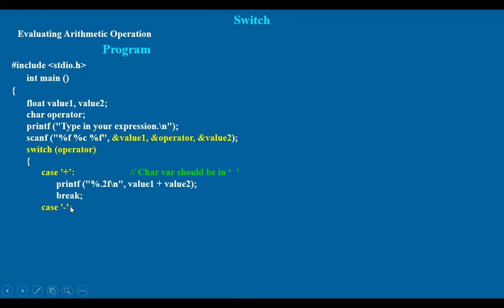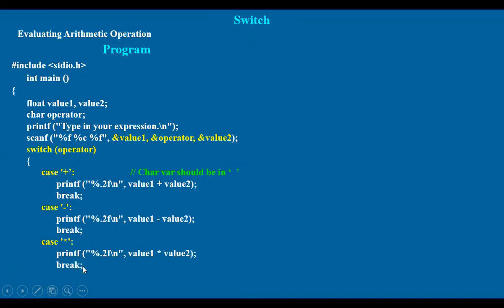If it is minus, perform subtraction, come out of it, break. Multiplication, perform multiplication here and break. Or if it is a division, then perform division. And one more thing is the division operator is to be taken care of. The denominator may be given as 0, and division by 0 is not defined.